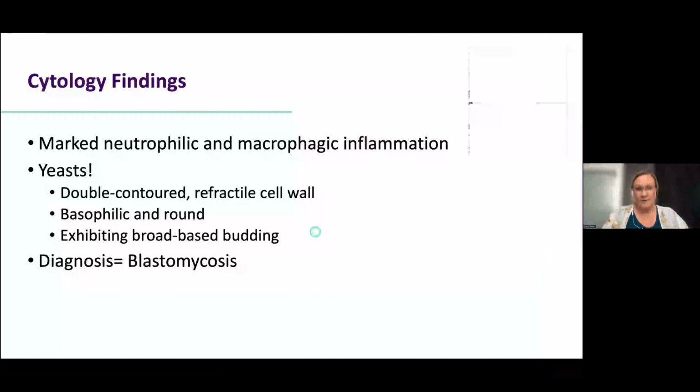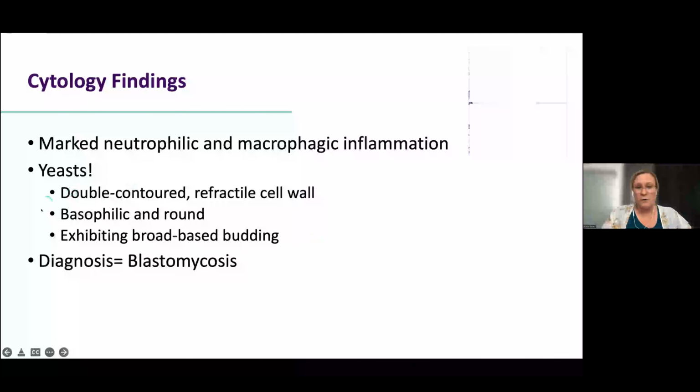And what we are dealing with is blastomycosis. So this is Blastomyces dermatitidis. This organism will cause marked neutrophilic and macrophagic inflammation, also referred to as pyogranulomatous inflammation. And that's a classic inflammatory pattern for this fungal organism.